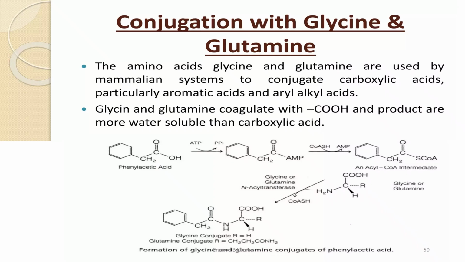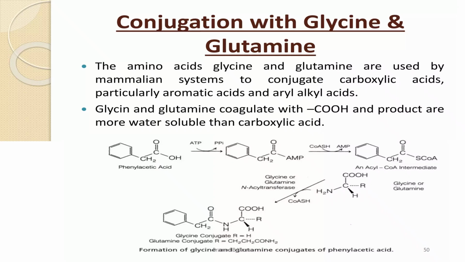So basically, when an acid reacts with ATP, it forms adenosine monophosphate, which in the presence of coenzyme A is replaced by coenzyme A to form an acyl coenzyme A intermediate. This intermediate of the acid will act on the particular amino acid, that is glycine or glutamine, in the presence of an acyl transferase.